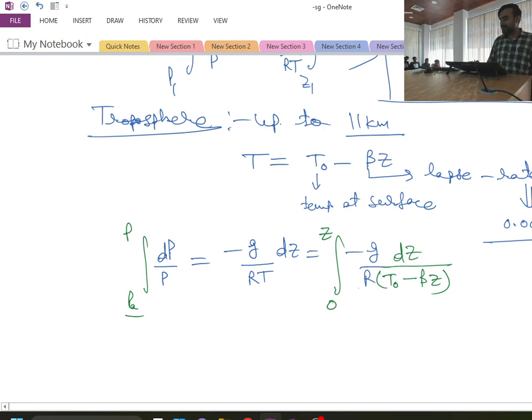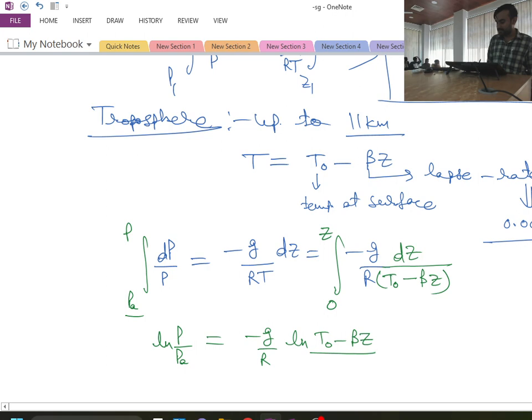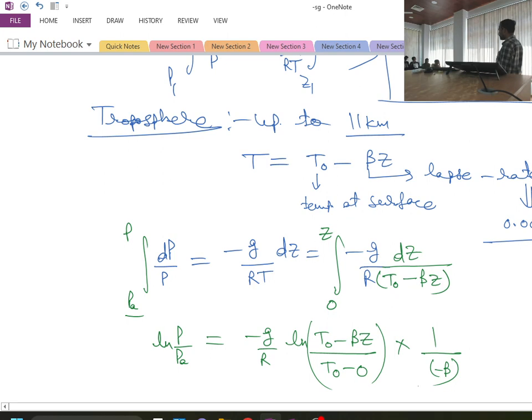Now g by R is constant, so g by R I can take out, and the left side will become ln of P by P atmospheric equal to minus g by R ln of T naught minus beta Z upon T naught minus 0, times 1 by minus beta. Is this one clear?